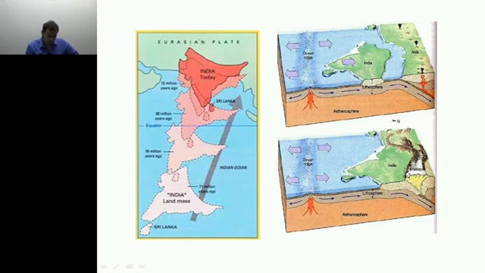Somewhere around 60 million years ago, it passed over the Reunion hotspot, resulting in volcanic eruption and hence formation of the Deccan lava plateau or black cotton soil. Then it went further, and finally it collided with the Eurasian plate.